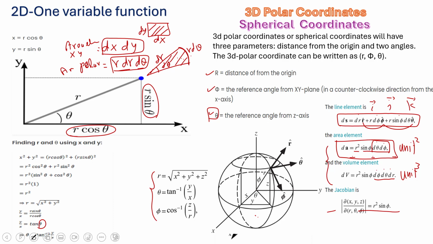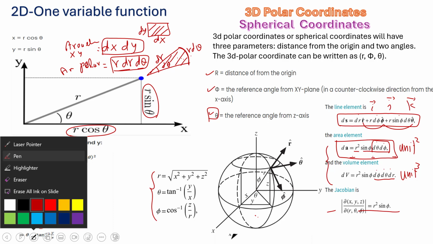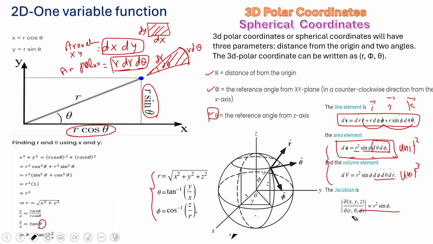Do you remember the Jacobian? The derivative, the partial derivative, right? So the Jacobian, or you can call it the value in front of d theta d phi, is why they got r squared sine phi. R squared sine phi is coming from the derivative of x, y, z with respect to r, theta, phi, right?